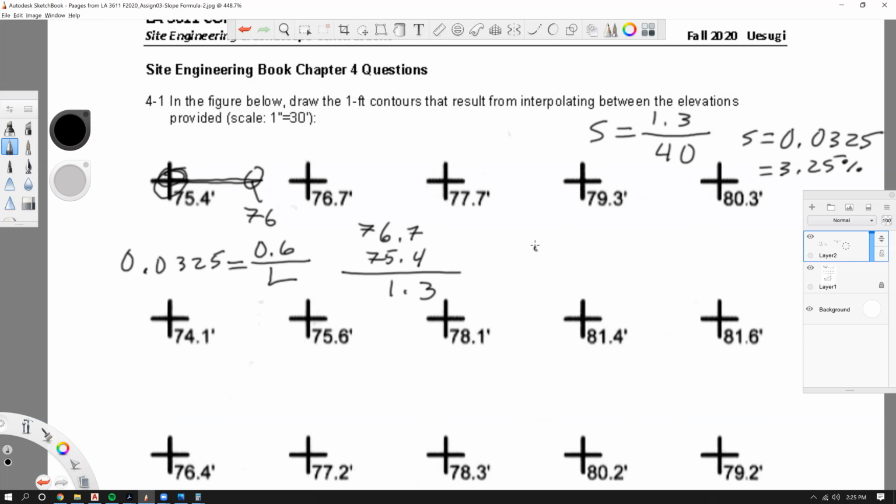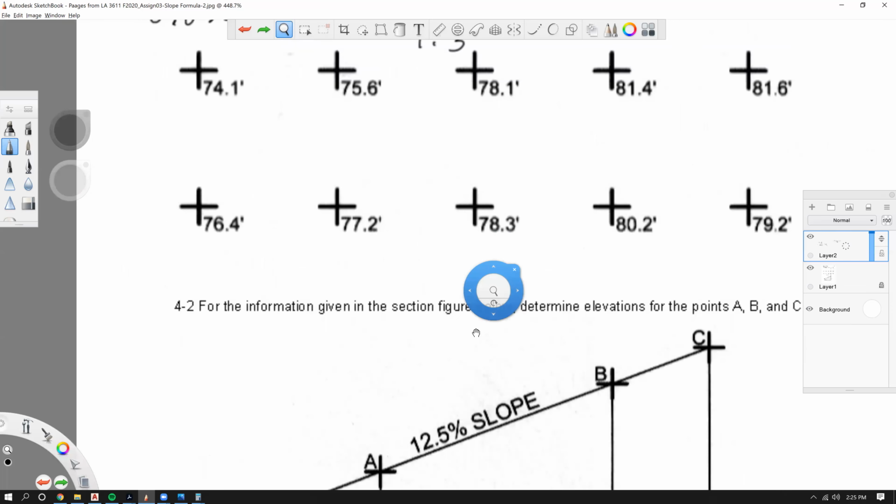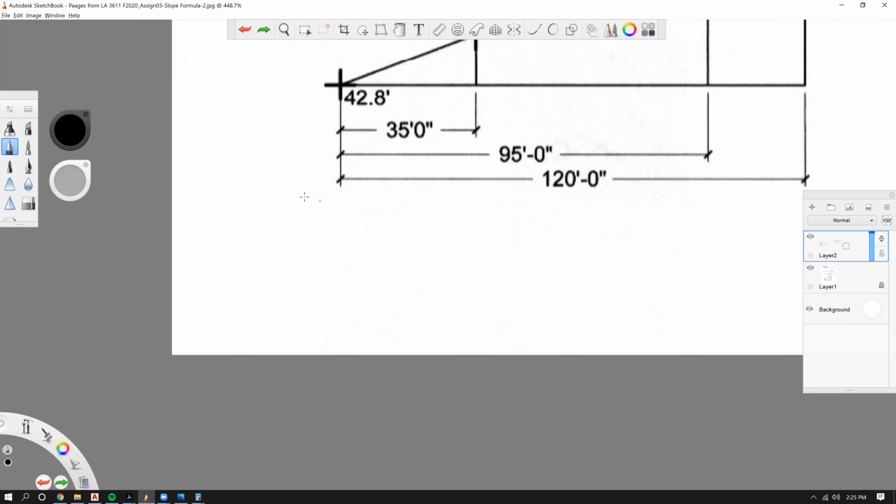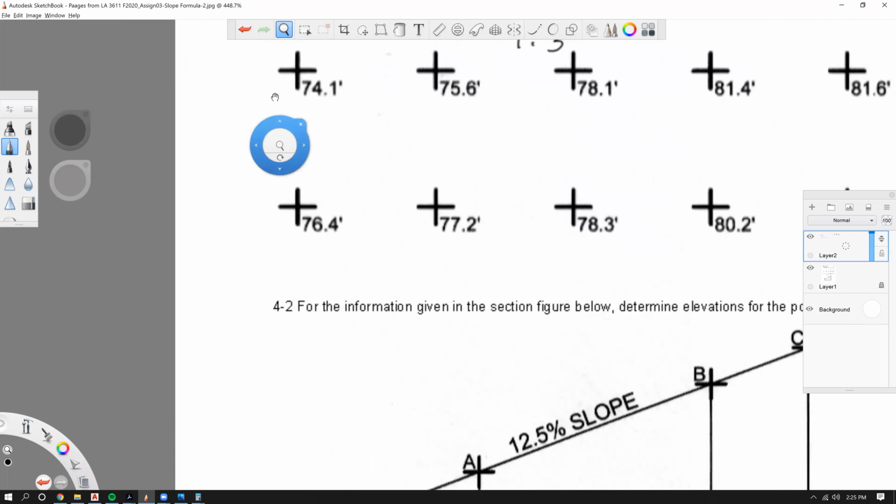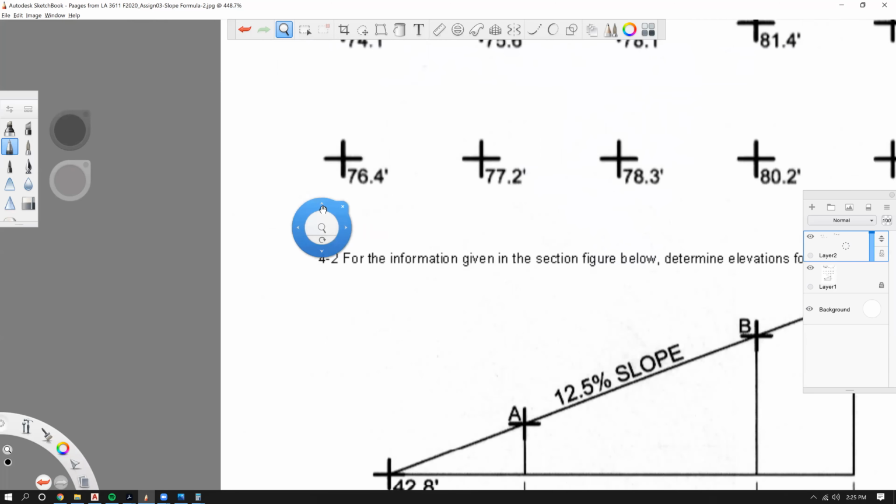Let me actually walk through that so that it makes sense. You have your 0.0325. We have our 0.6.